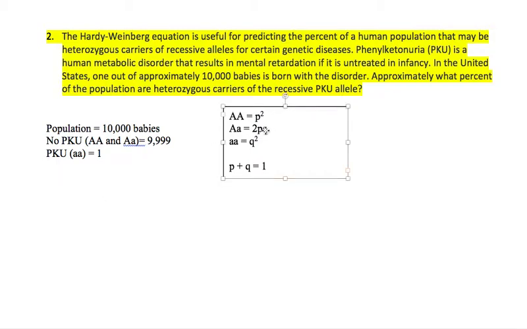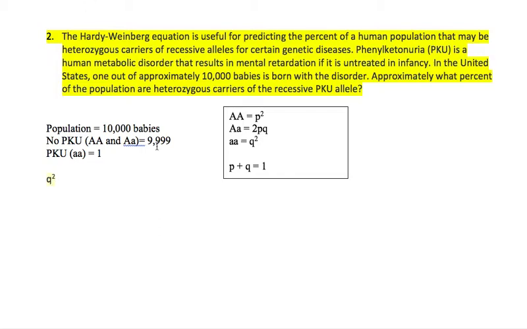So we are looking for now heterozygous carriers. So once again, I did that same method. I wrote down my population. And now no PKU is going to be either homozygous dominant or heterozygous. That's 9,999 babies. And those that do have PKU are going to be just 1. So once again, I'm going to start with Q squared.